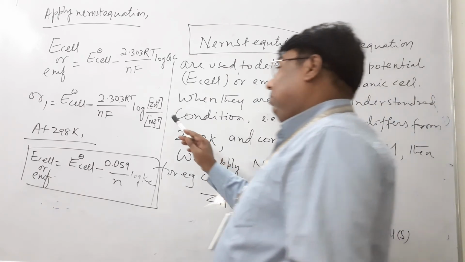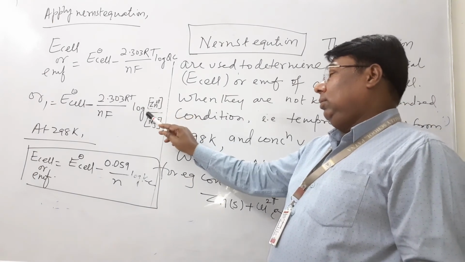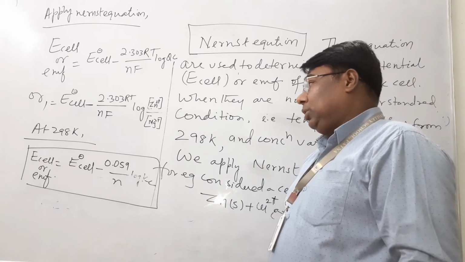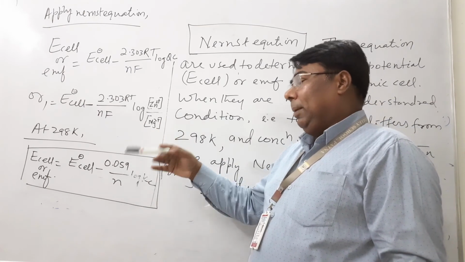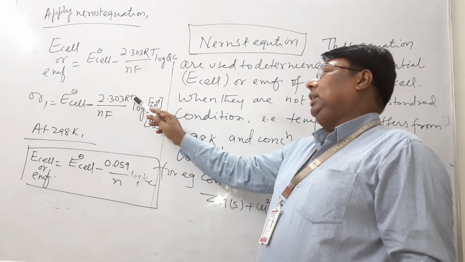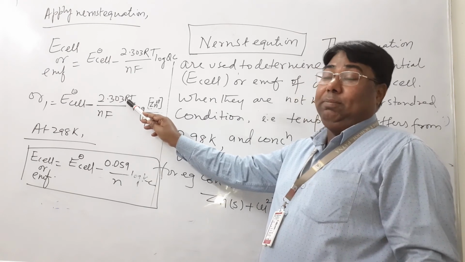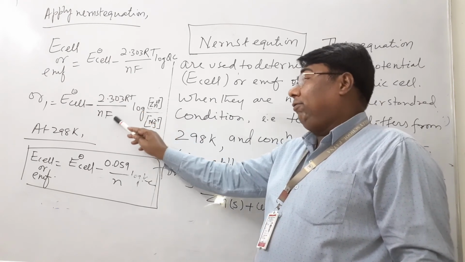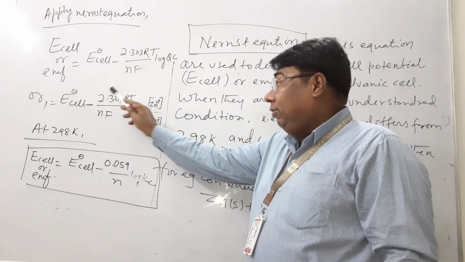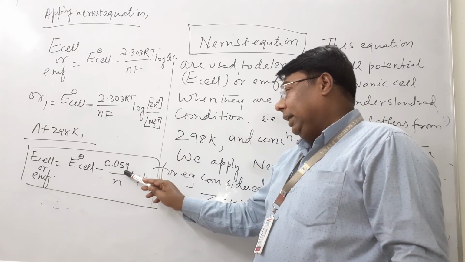So we put log of the concentration of Zn2+ divided by the concentration of Cu2+. When temperature is 298 Kelvin, you put the value of temperature 298 Kelvin, R as 8.314 and F as 96500 coulomb. Then after calculating, you get the value 0.059.